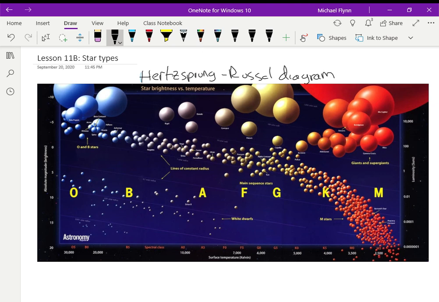Let's say we gave you a task, like here's my task for you. I want you to take a catalog of all known stars, okay, all the stars that we've observed, and put them on a chart, okay, organize them onto a chart. And that's exactly what a Hertzsprung-Russell diagram does, okay? So let me sum it up for you.